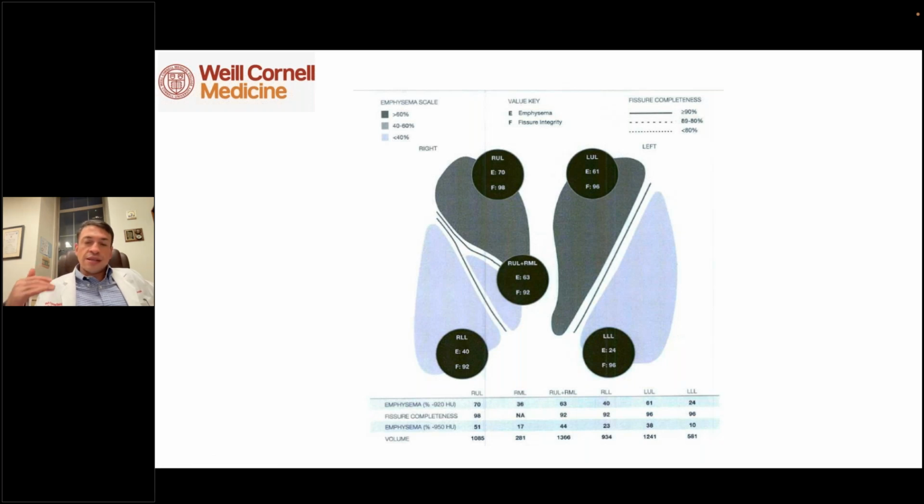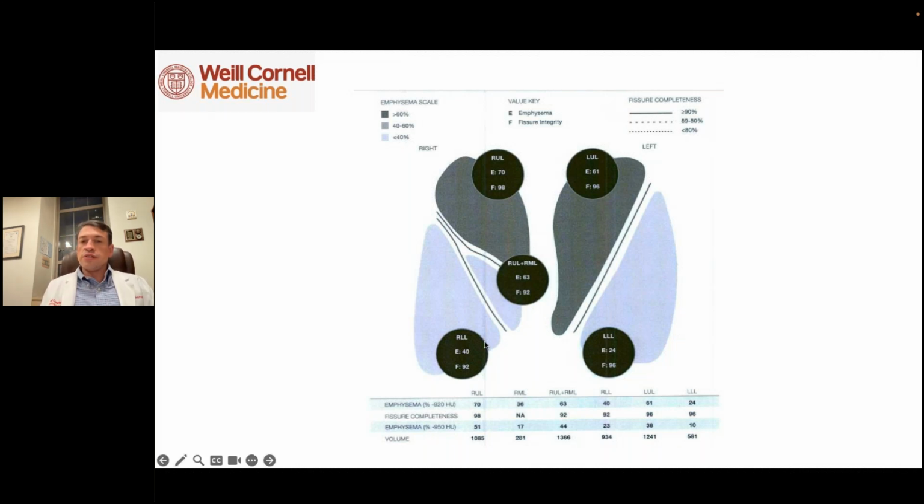And because they're using a slightly higher cutoff, they say 40% and above will be considered clinically significant emphysema that warrants treatment. And then you have the same scale, and the darker the color, the more emphysema. You also have fissure completeness scores. You have inspiratory volumes. Otherwise, very similar.